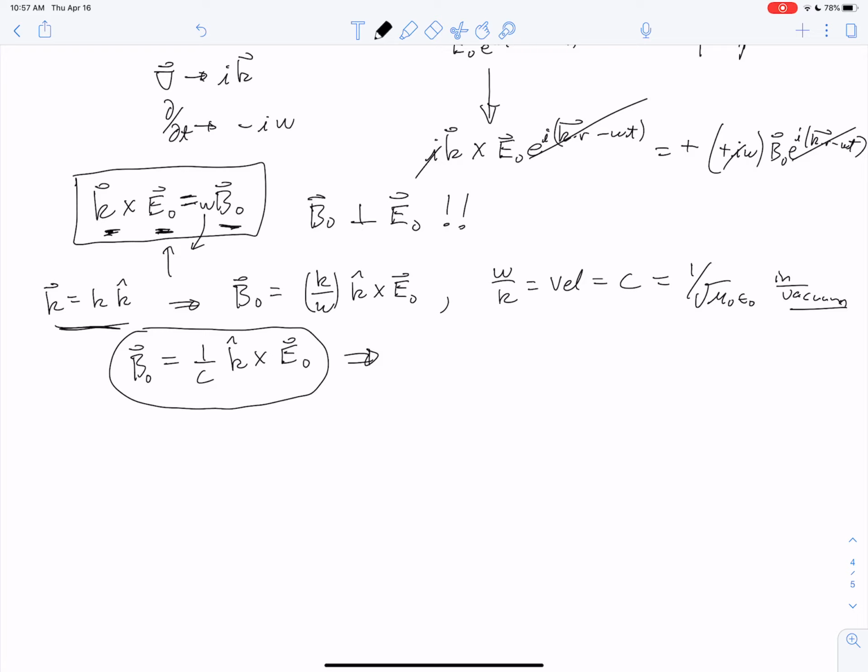Remember, if I have A cross B, it's equal to the magnitude of A times the magnitude of B times sine theta.